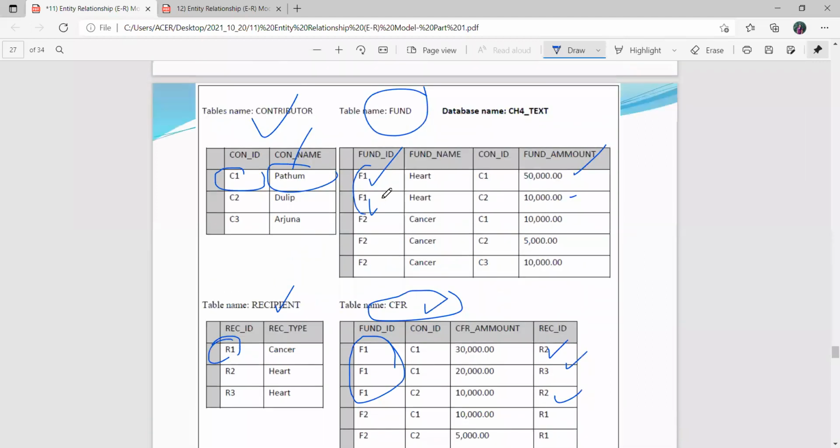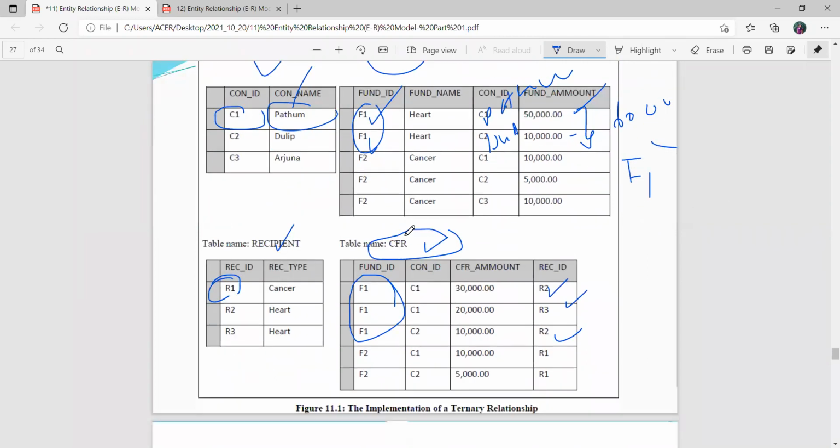This F1 fund is denoted by C1 and C2, that means it is funded by Pathum and Duli. So this fund amount is equal to 60,000, donated by Pathum and Duli. This is available under the F1 category.